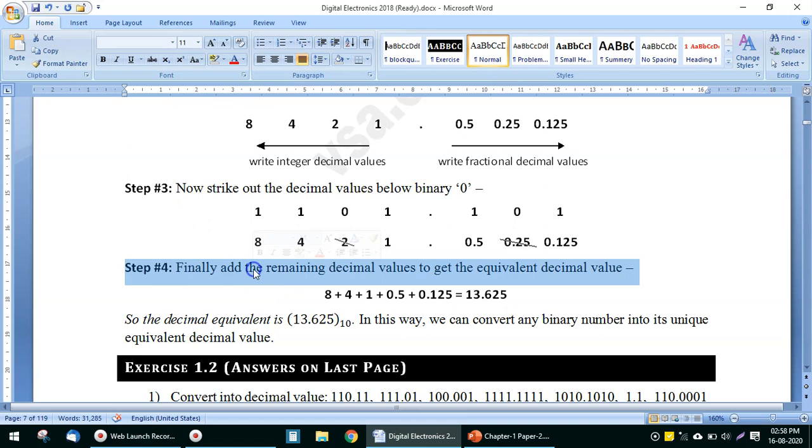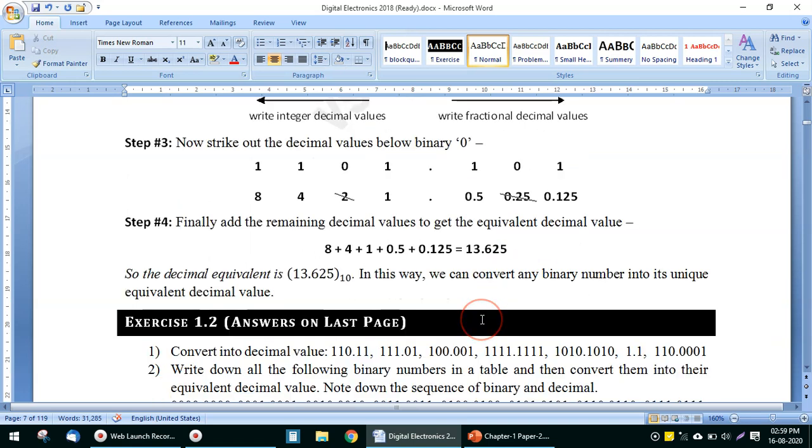Now finally, the last step is we have to add the remaining decimal values, the integer values and the fractional values together. So 8 plus 4 plus 1, because 2 is discarded, plus 0.5 plus 0.125 because 0.25 is discarded.